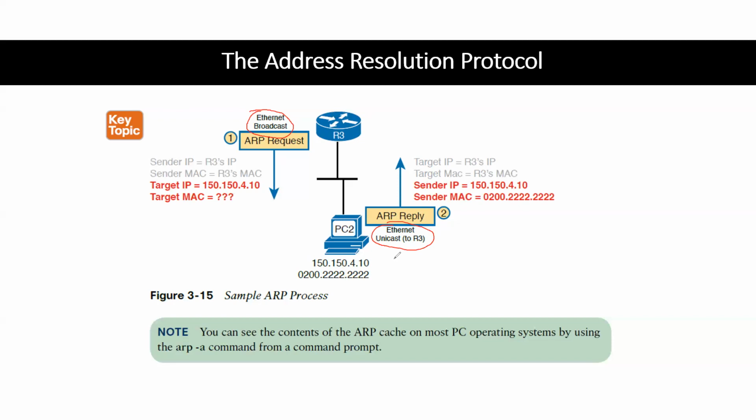It's screaming out on the entire local area network that it's on, who is this IP address? And in that reply, it's going to respond with its MAC address, but it's not going to be a broadcast. It's going to be a unicast.